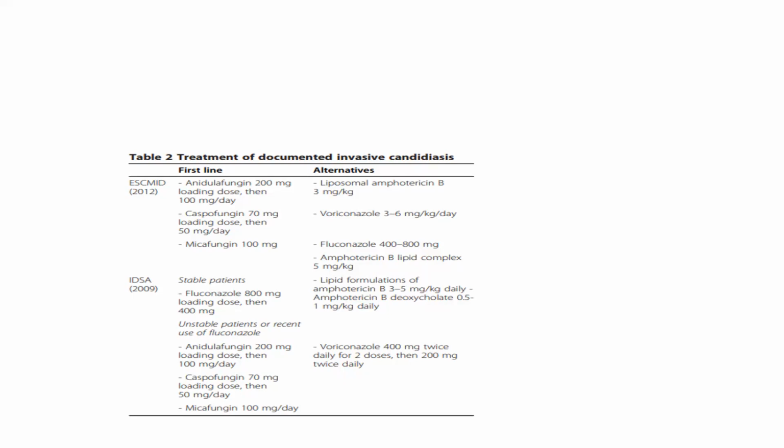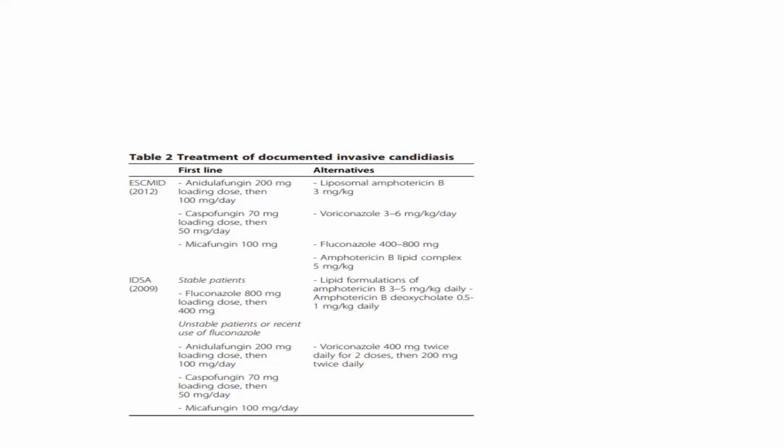Now, according to IDSA guidelines, which were published in 2009, if the patient is stable, then we can start with fluconazole, that is 800 mg loading dose, then 400 mg. If the patient is unstable and has recent use of fluconazole, then anidulafungin 200 mg loading dose, then 100 mg per day. And we can give caspofungin, that is 70 mg loading dose, then 50 mg per day.